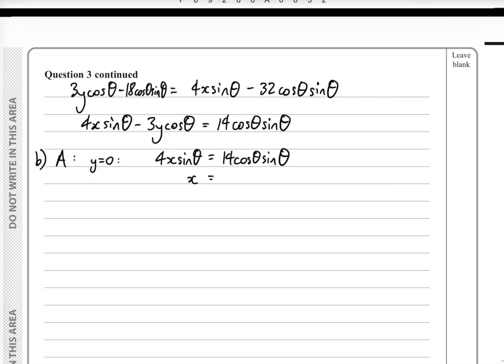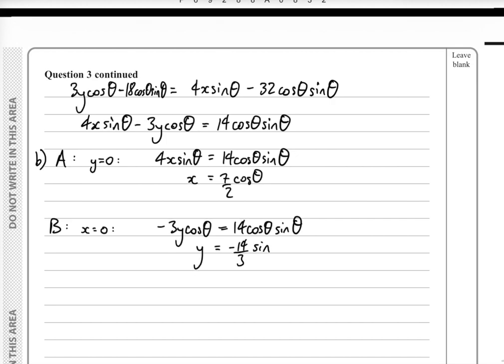So x is equal to 7 over 2 cos theta. For point B, x equals 0, put that in instead, and that gives us minus 3y cos theta is equal to 14 cos theta sine theta. So y is equal to minus 14 over 3 sine theta.